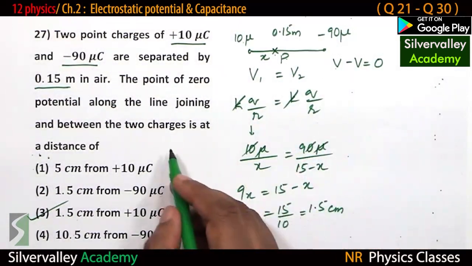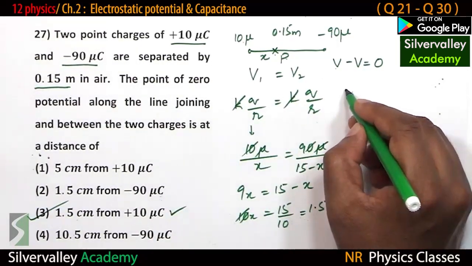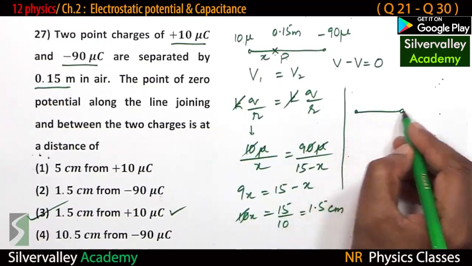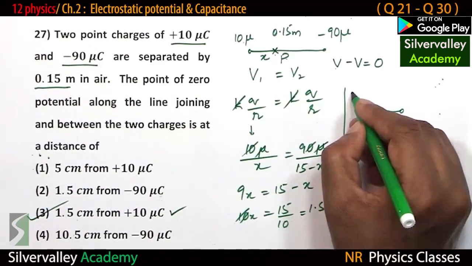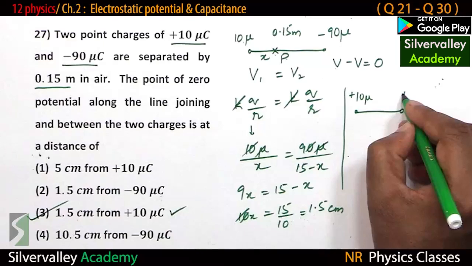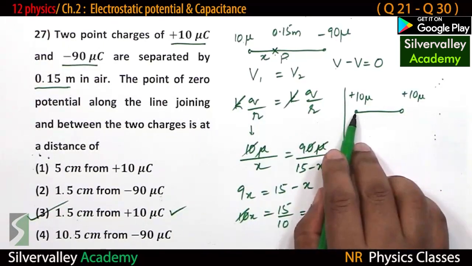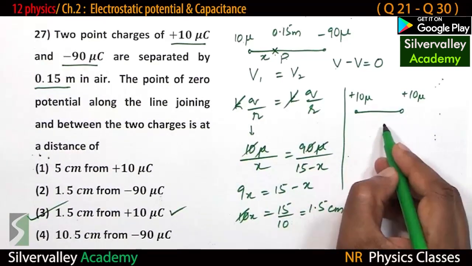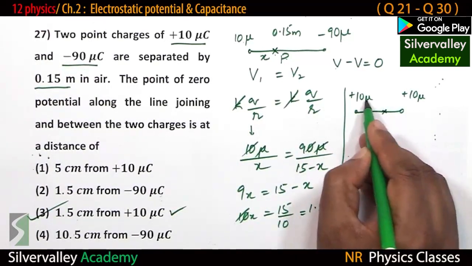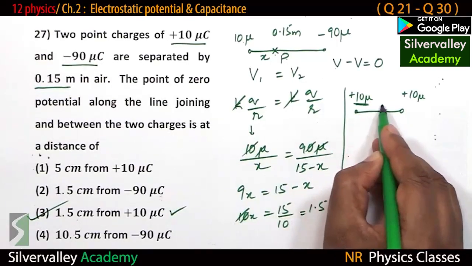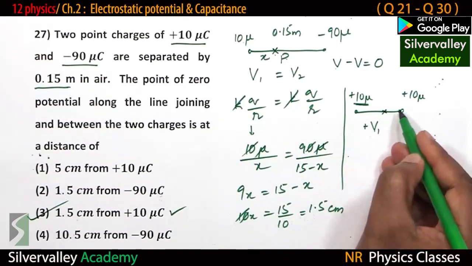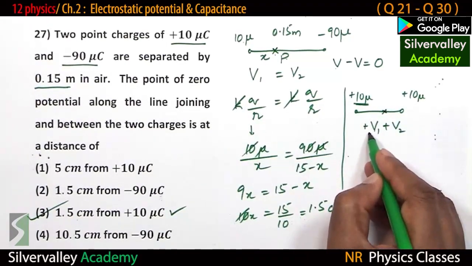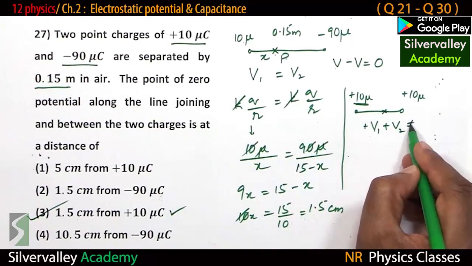Students, if we have two identical charges, or charges of same nature, plus 10 micro, plus 10 micro, we won't get any point with zero potential, because you consider any point, potential at this point due to positive charge is plus V. Potential at this point due to this is also plus, and the sum of two positive numbers cannot be 0.